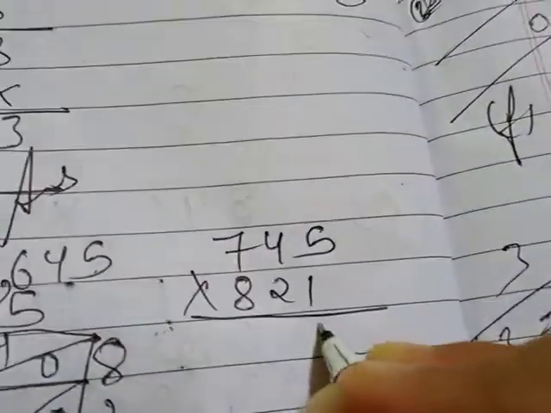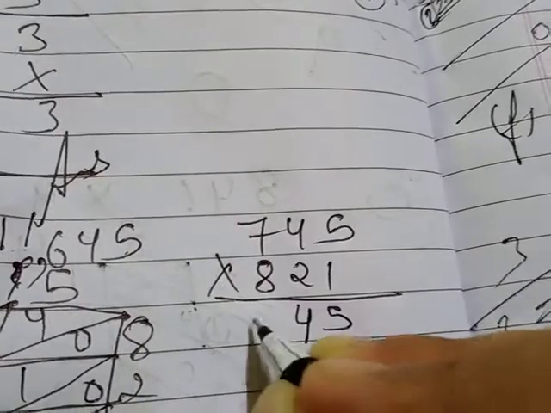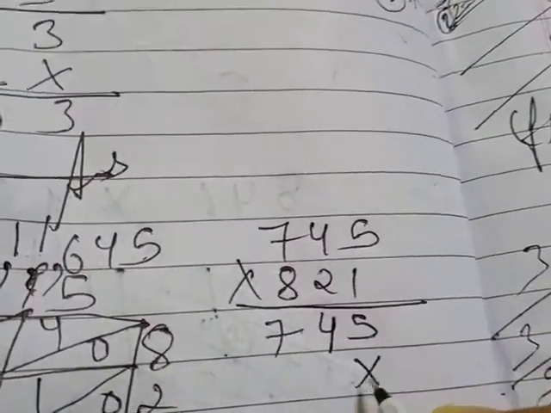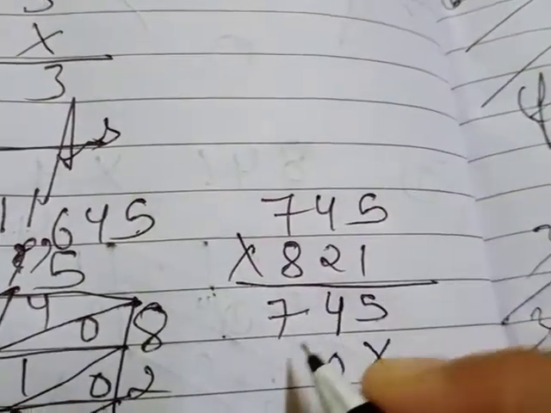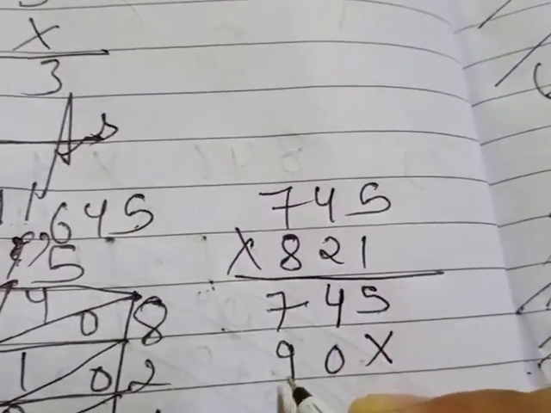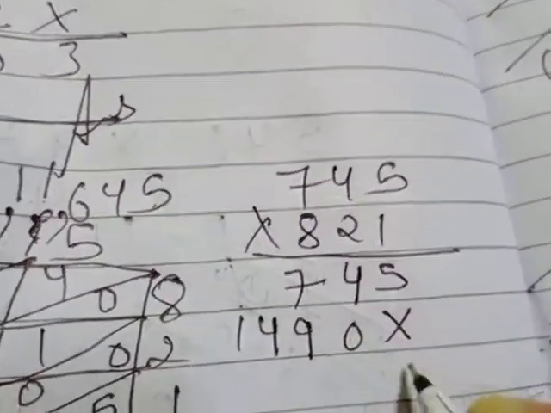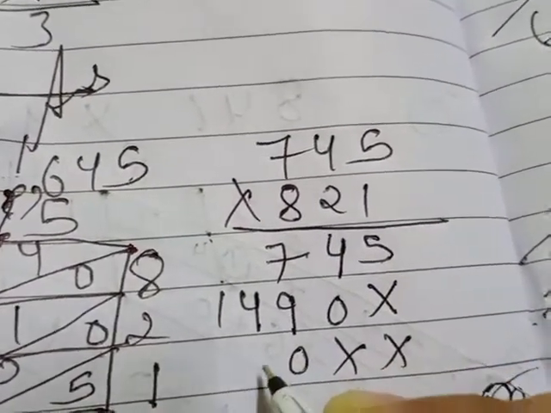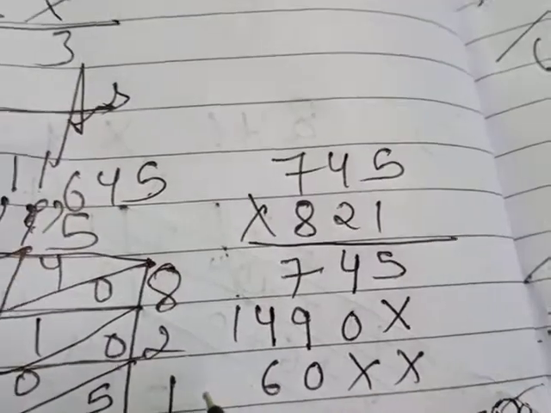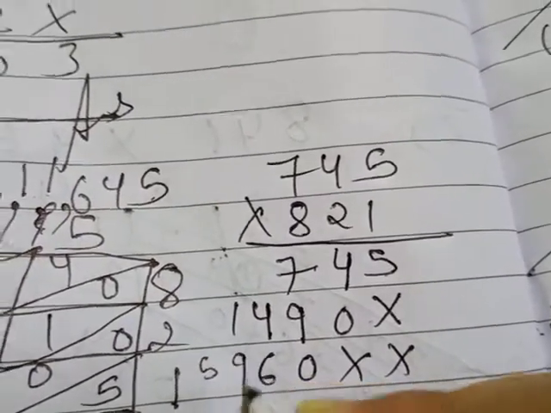See, 1 5 is 5, 1 4 is 4, 1 7 is 7. Cross here, 2 5s are 10, 1 carry, 2 4s are 8 plus 1, 9, 2 7s are 14. Then again cross, 8 5s are 40, 4 carry, 32 plus 4, 36, 3 carry, 56 plus 3, 59.